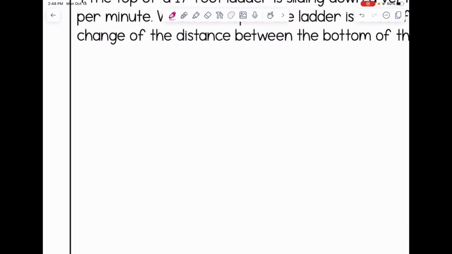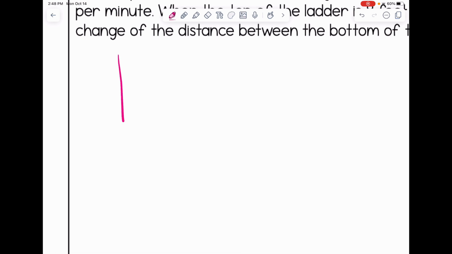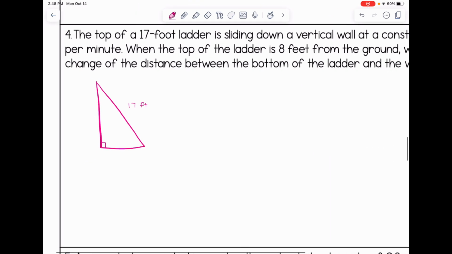So the first thing I'm going to do for this problem is draw a right triangle, because we know that the ladder is leaning against the wall. It also tells us that the ladder is 17 feet, so I'm just going to label that. Then we know that the top of the ladder is 8 feet from the ground, so this is 8 over here.